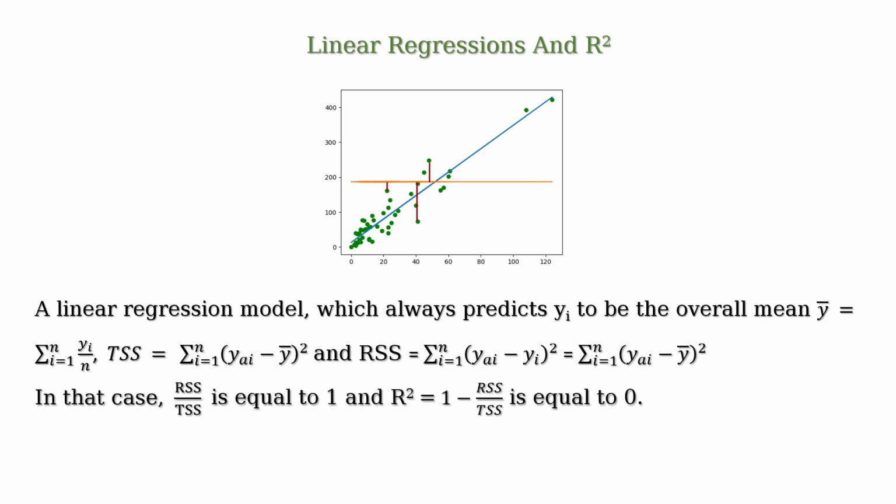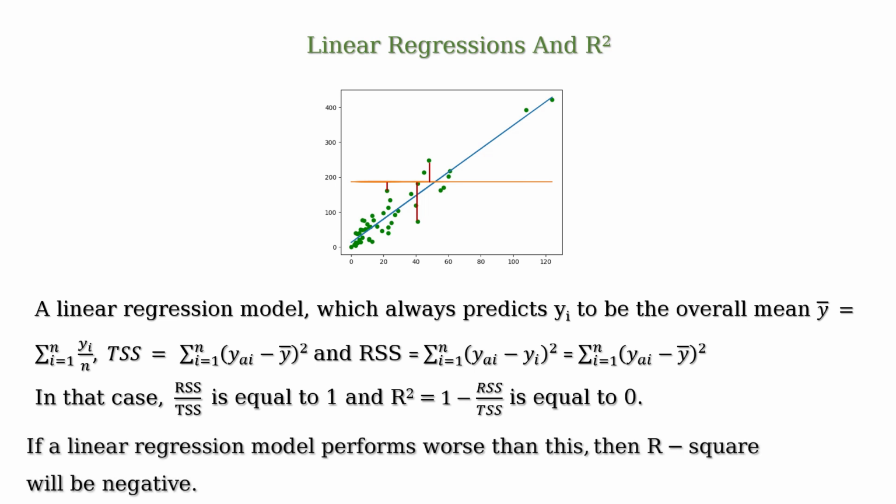So, RSS by TSS will be equal to 1 and R square will be equal to 0. If a linear regression model performs worse than this, then R square will be negative.